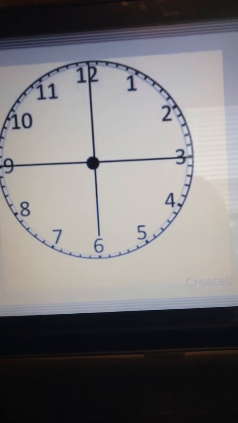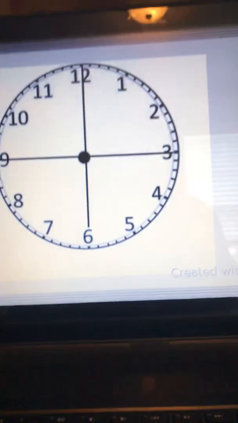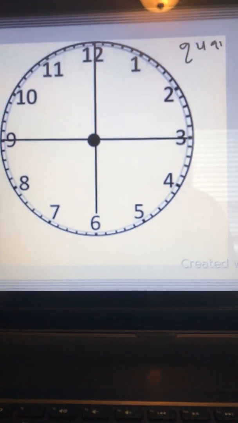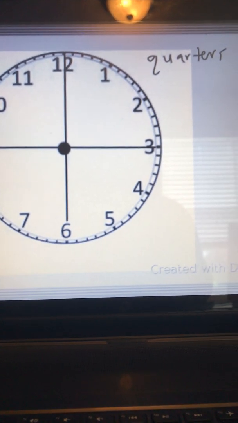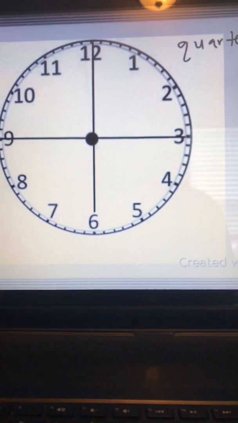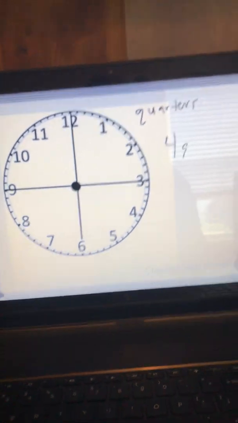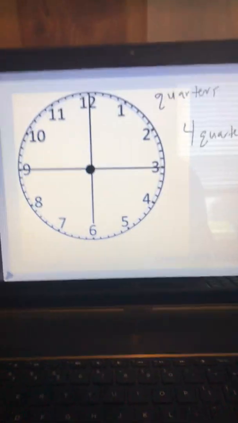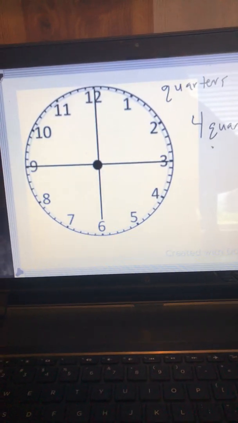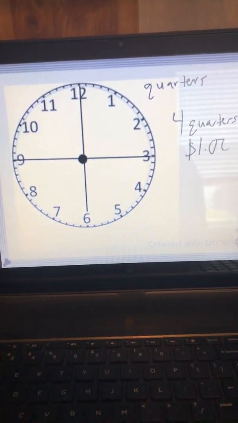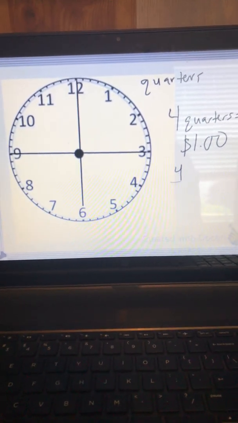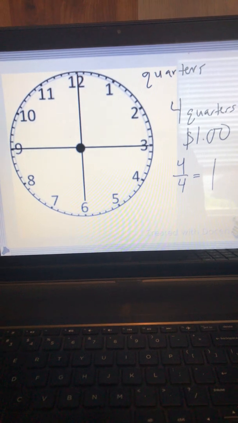So I've divided this clock face into fourths, or we would call it quarters. We use the word quarter because, if you think about it, 4 quarters equals $1. Just like 4 fourths equals 1 whole.